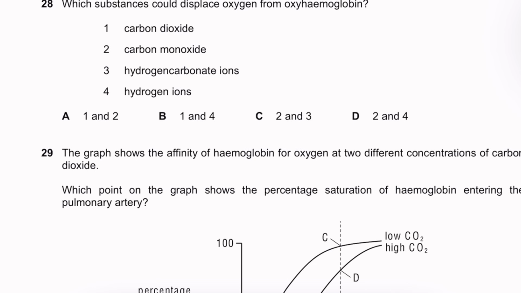Hemoglobin's greatest affinity is going to be to carbon monoxide, then hydrogen ions, then oxygen, then carbon dioxide, which means your answer is going to only be hydrogen ions and carbon monoxide. Carbon dioxide can displace oxyhemoglobin to form carboxyhemoglobin, but that's only when carbon dioxide is in really, really high concentration. Okay, so it's going to be 2 and 4, which is D.